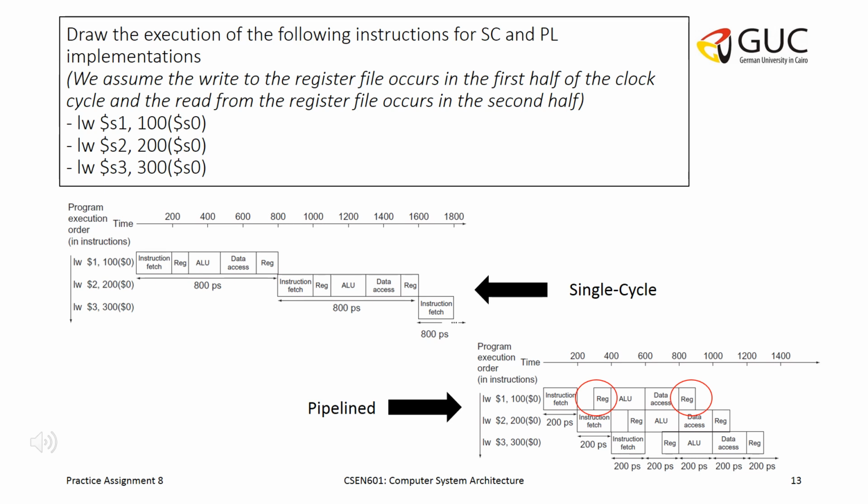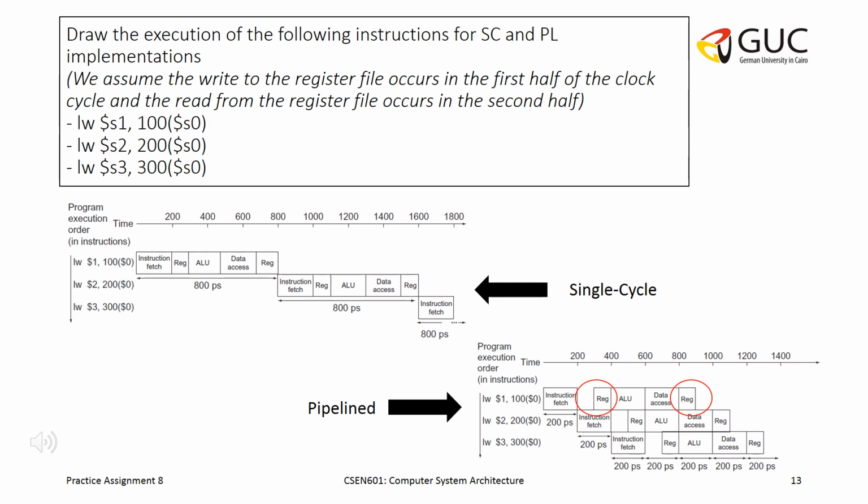But we should note here a different thing that we haven't discussed before: when instructions happen in parallel, at the decode stage, as we see, the second half of the clock is only for reading from the register, while the first half of the clock cycle is used for writing to the register.